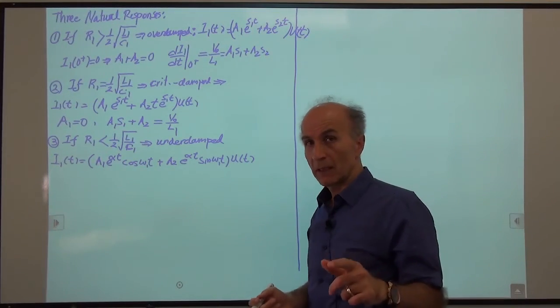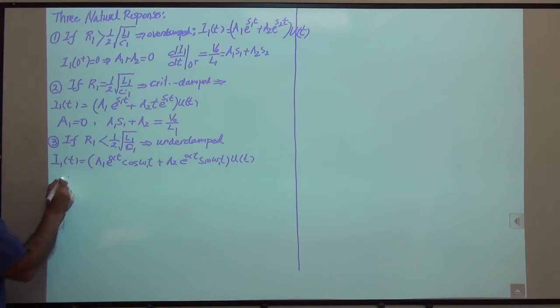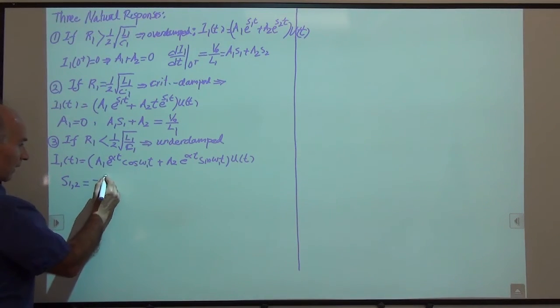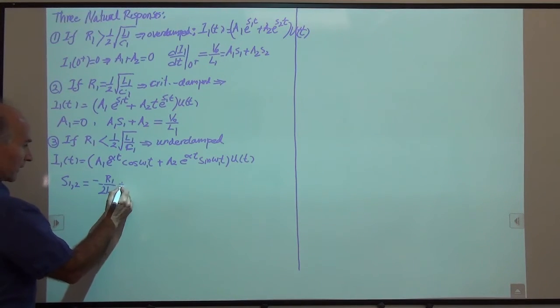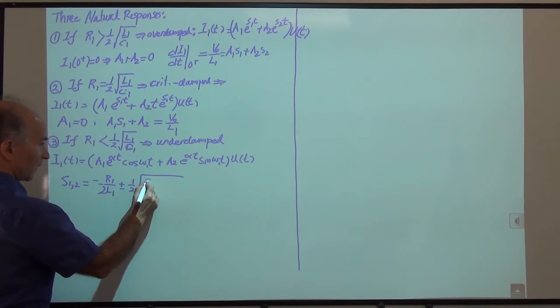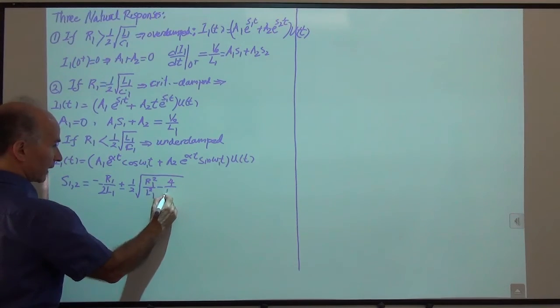Well, if you write the characteristic equation, we remember that, right? So remember that we said the roots S1 and 2 are given by something like minus R1 over 2L1 plus minus 1/2 times the square root of R1 squared over L1 squared minus 4 over L1 C1.